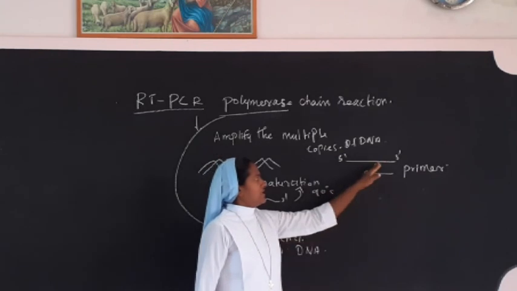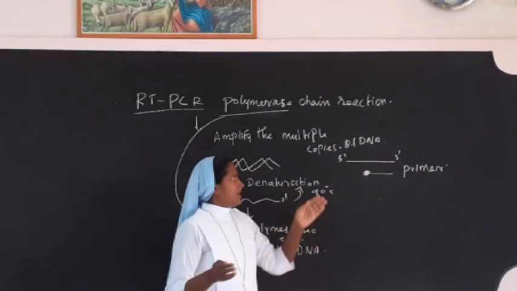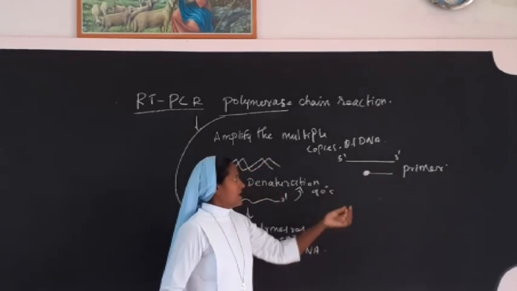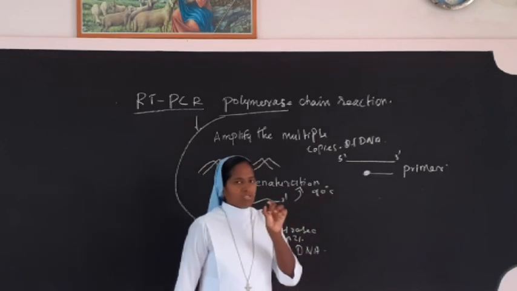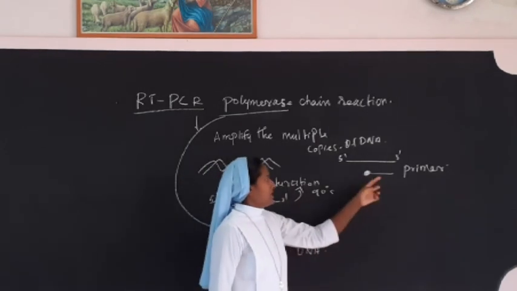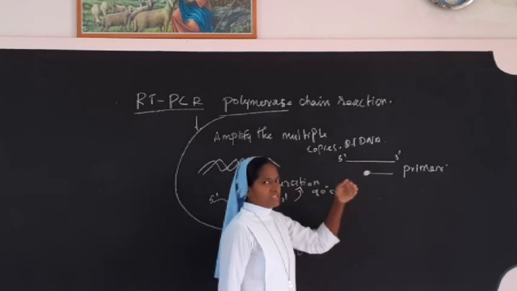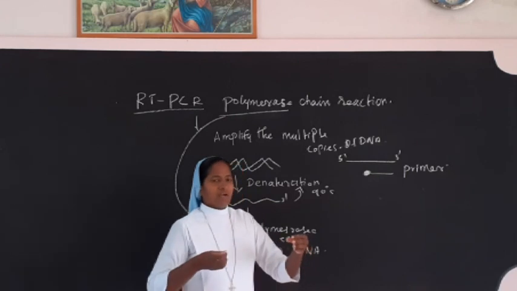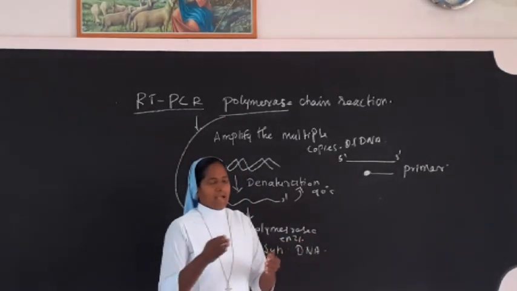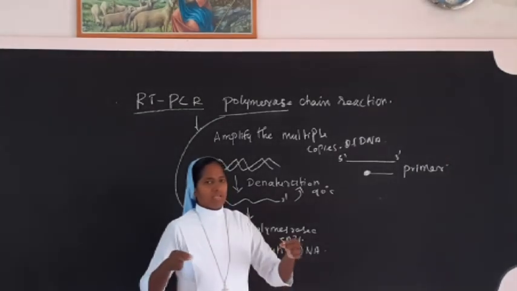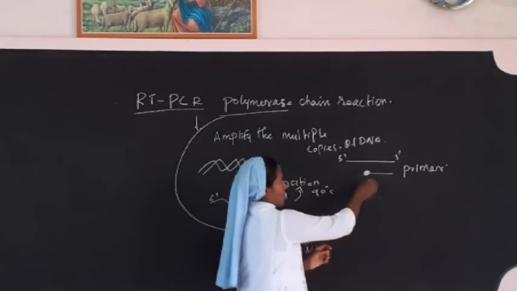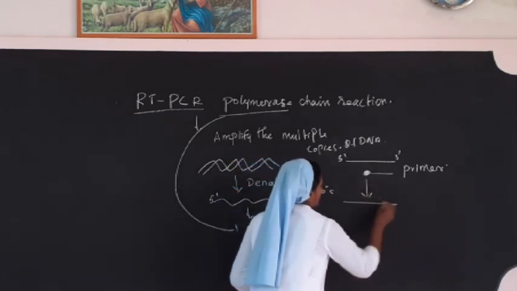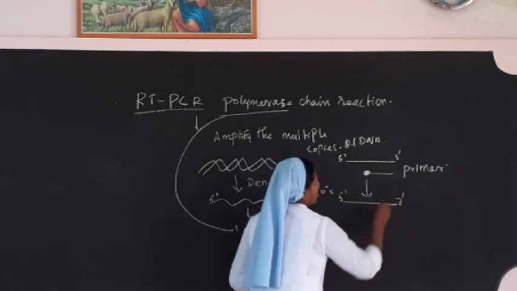This DNA has lengthy sequences, some 25 to 50, and the primer has short oligonucleotide sequences that will synthesize, adding nucleotides one by one, like forming a chain. As we add beads to a thread, it forms a long chain. As it prolongs, it continues and forms a new strand which is complementary to this strand.